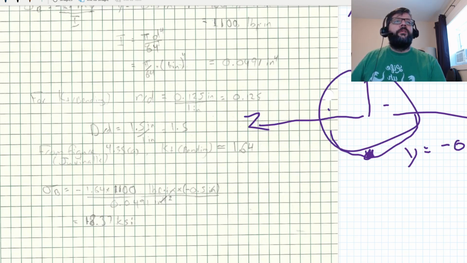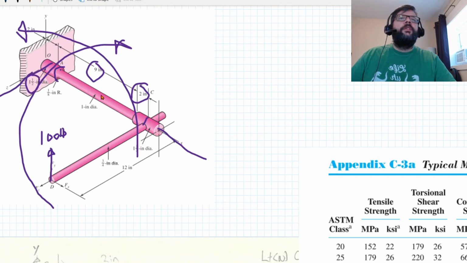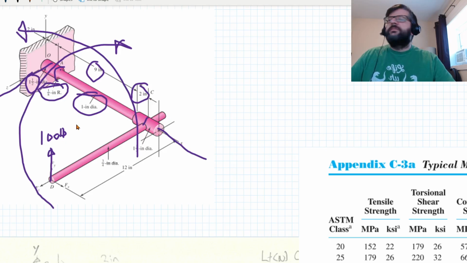So our r over d is 0.125. And then our big D over little d is 1.5 inches divided by 1 inch. So that's also 1.5.